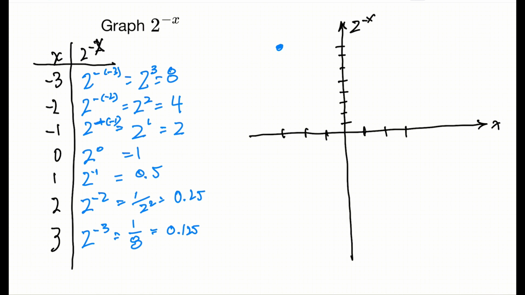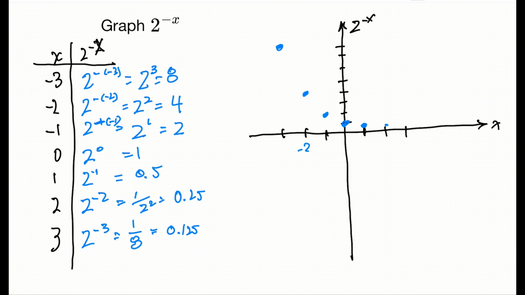And at minus 2, we get a 4. So that's minus 2. We go 1, 2, 3, 4 up. And at minus 1, we get a 2. That's that point. At 0, we get 1. At 1, we get a half. And at 2, we get 0.25.